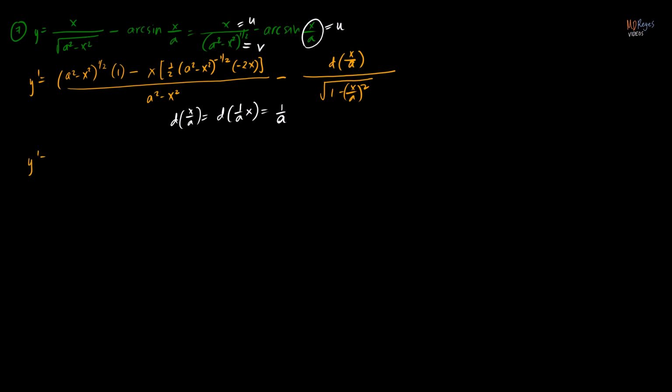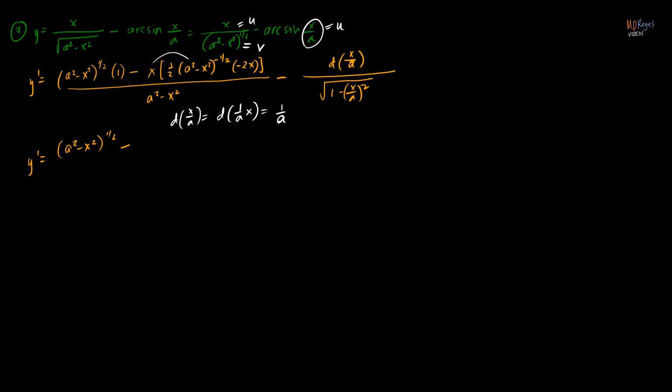Now going back to y prime, simplifying our answer, and then taking the derivative of x over a. So that is a squared minus x squared raised to 1/2 minus, now we distribute in the second term in the numerator, we'll multiply x by the expression inside the grouping symbols.